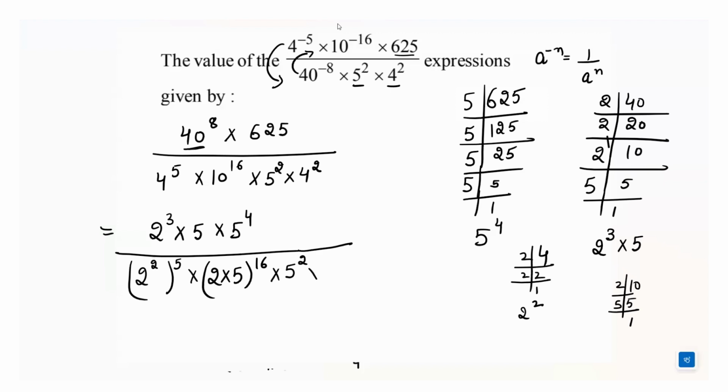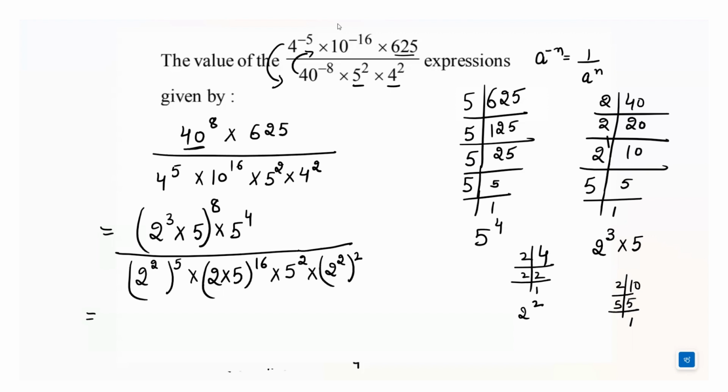This is also 4, so it can be written as 2 raised to power 2 and then outside the bracket there is the power which is 2. Now here we have to write 8 outside because I have written it for 40. In the question it is given 40 raised to power 8, so we have to put the bracket and then raised to power 8.